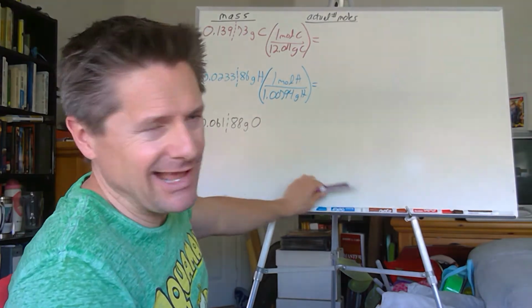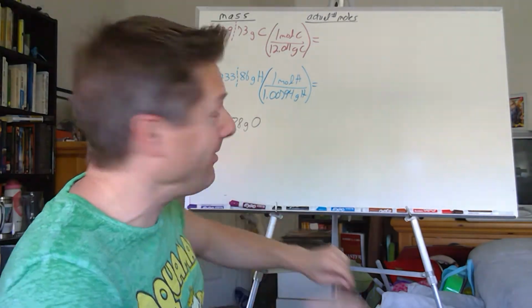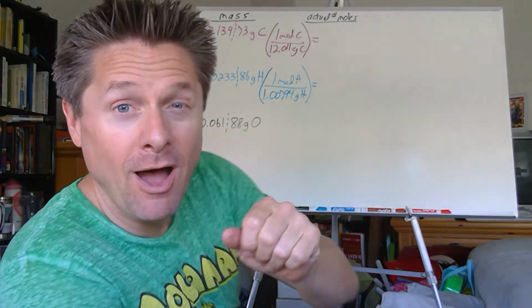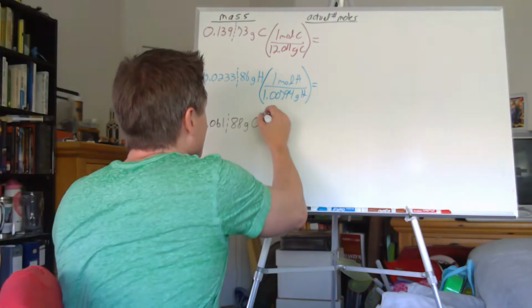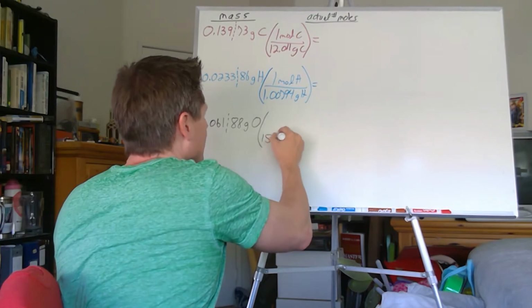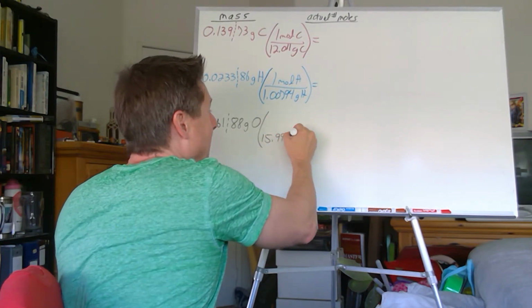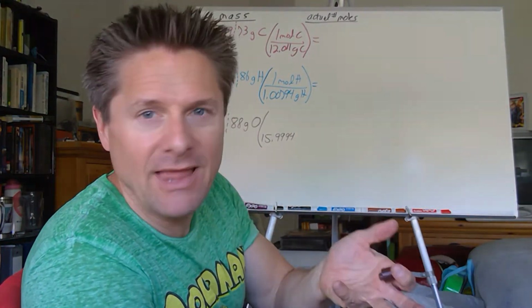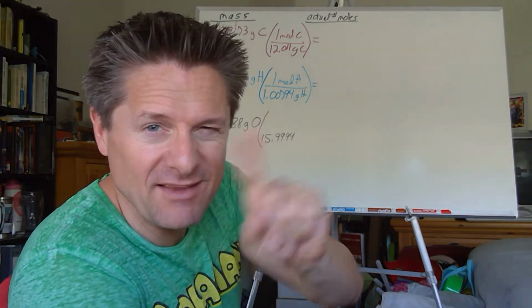I give it to you on a test. You don't have to memorize it, but you will. It's unavoidable if you use it enough. Oxygen, 15.9994, 999. That's my absolute favorite atomic mass. I like lead too. Lead is 207.2. It's got the 1 decimal point, which is kind of nice.